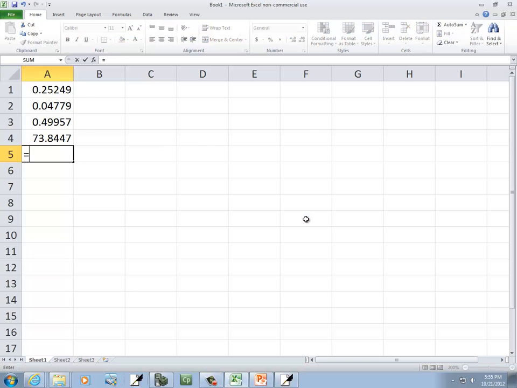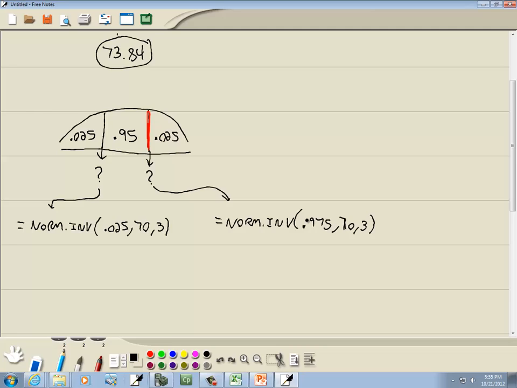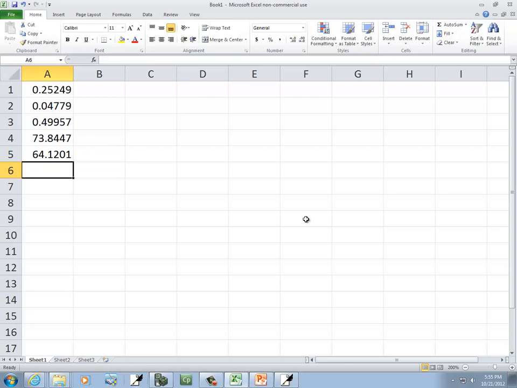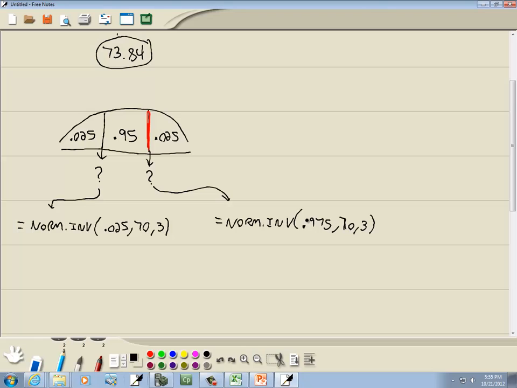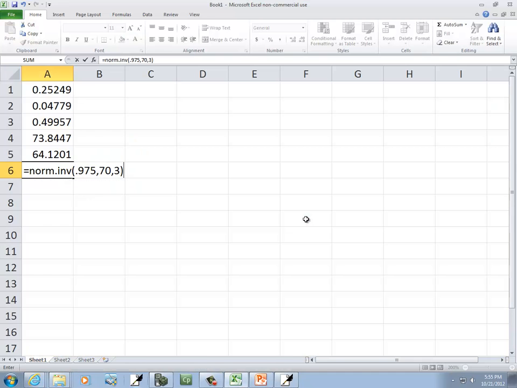So let's see what that gives us. Equals norm.inv 0.025, 70 comma 3, and this one will be norm.inv 0.975, and then our mean, which is 70, and then our standard deviation, which is 3.